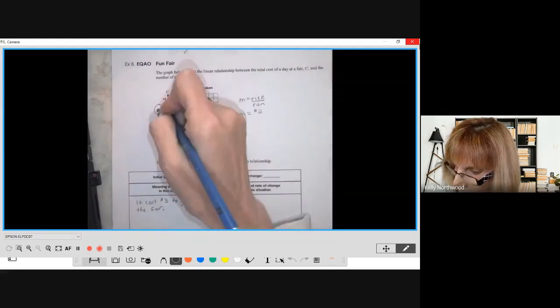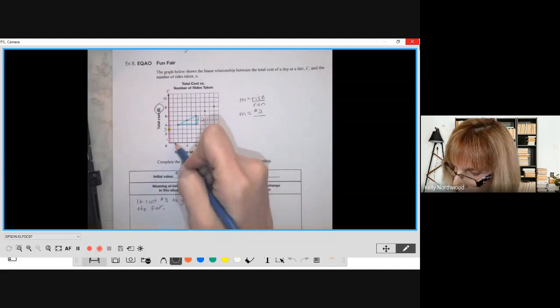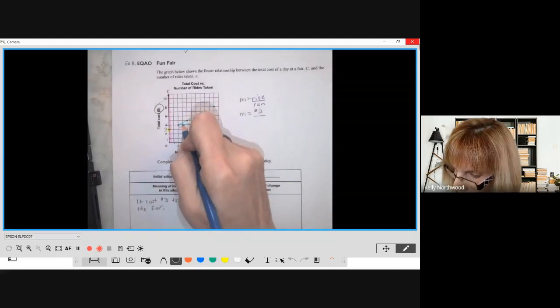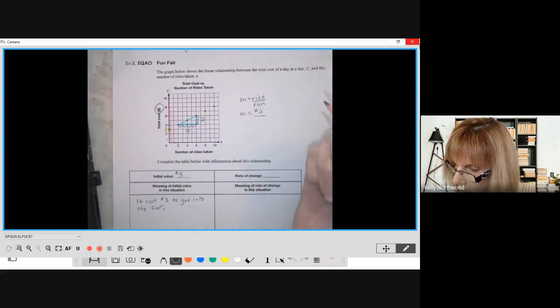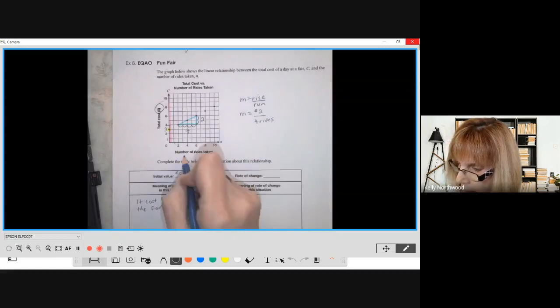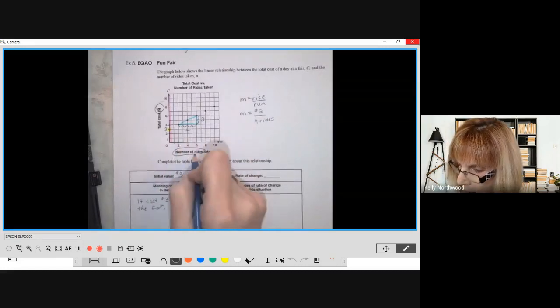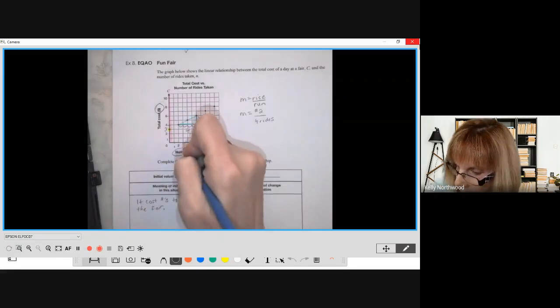$2 because vertically it's in dollars, and over, this is by ones as well. So 1, 2, 3, 4 is my run. 4 rides because it's number of rides for my N. Those are the units. And it counts by ones.